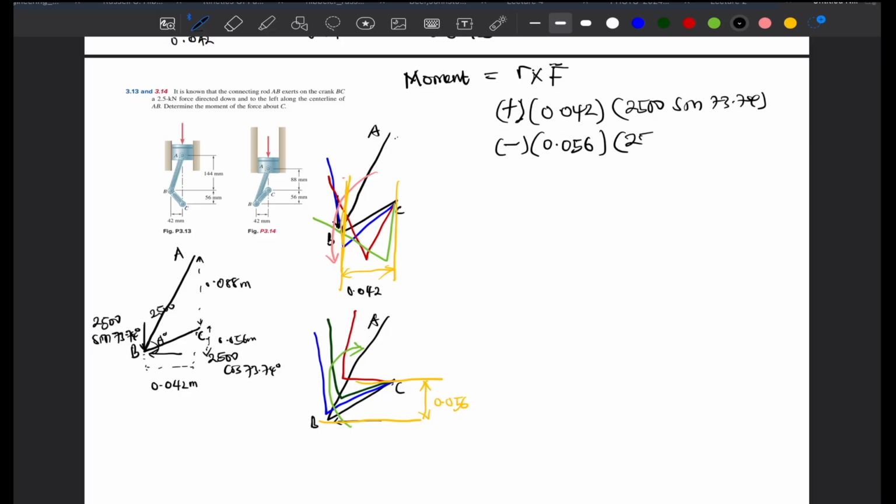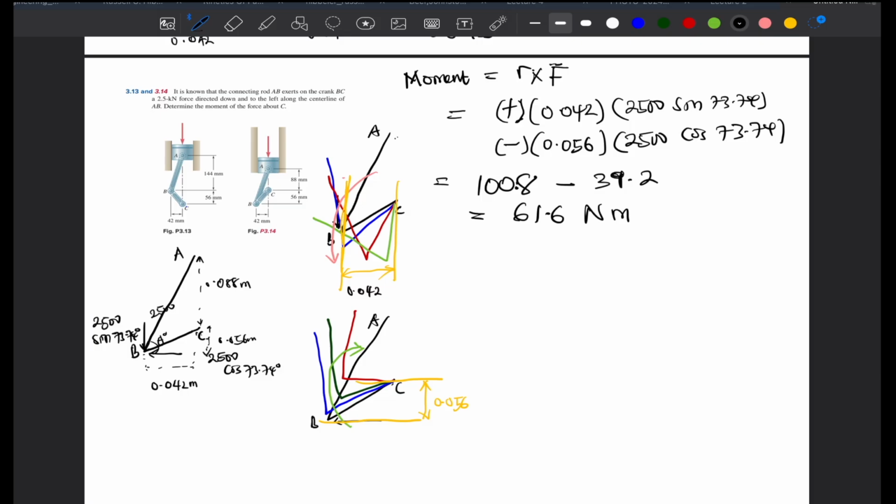I'm going to write our force 25 cos 73.74. So we solve that, and the multiplication of this gives us 100.8 and minus 39.2. So we do that, we're going to have 61.6 Newton meter.